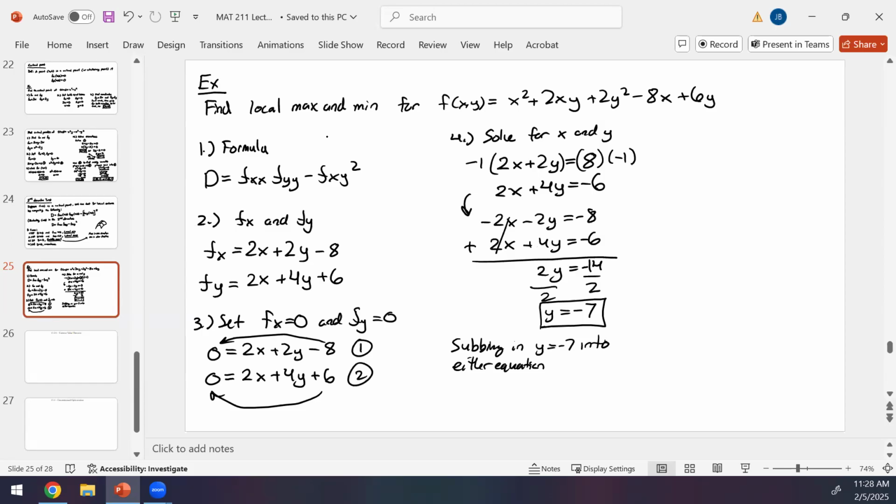So we're going to do y equals -7 into equation number 1. So 2x plus 2 times -7 minus 8 is equal to 0. And then if we simplify that, and actually, let's just move this over here so we're not too cramped.